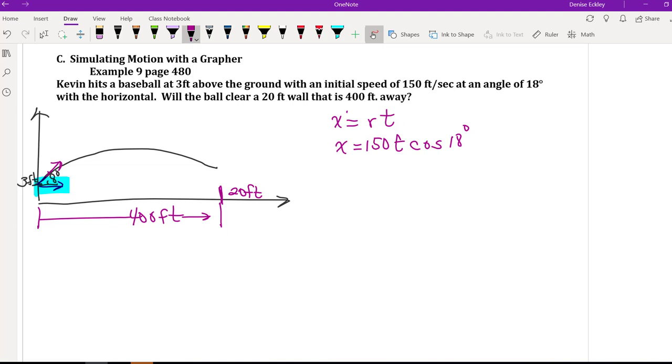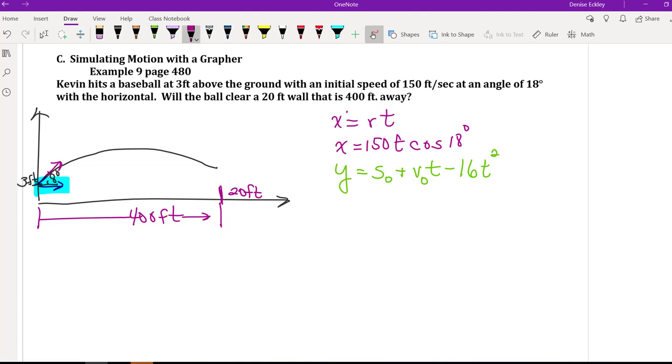Now for the y direction, what you're going to have is the idea of motion affected by gravity. So you're going to use the equation: your initial distance plus your initial velocity times time minus the pull of gravity, the negative 16t squared.